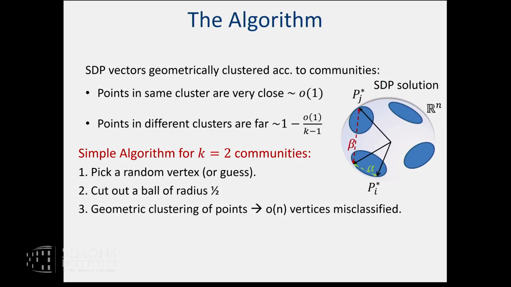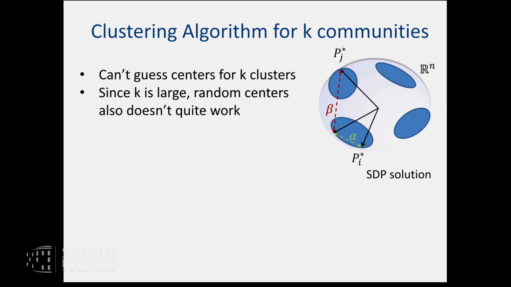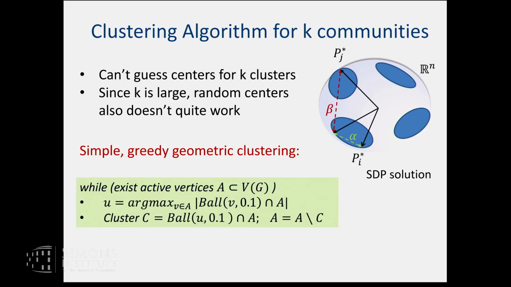What you do is you just take this SDP solution and you apply a greedy clustering algorithm. You look at all the active vertices that are there, look at balls of a fixed radius, let's say 0.1, look at how many vertices are inside these balls, and then pick the heaviest ball that you can find.